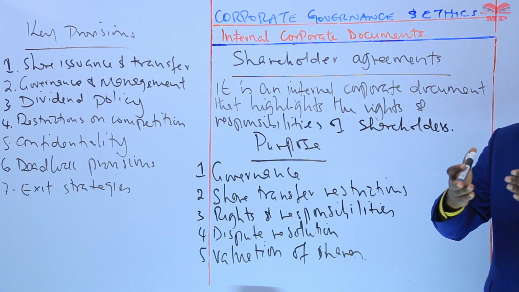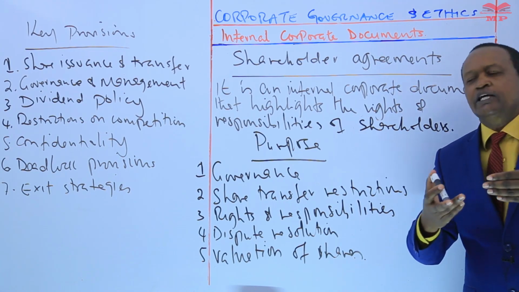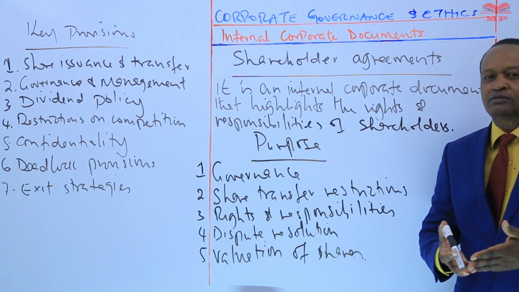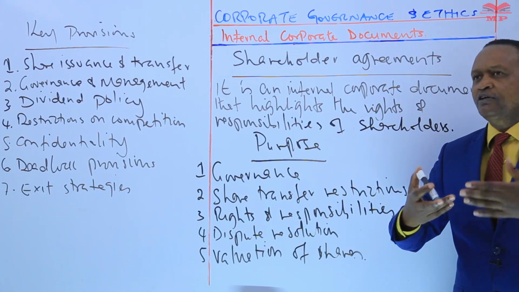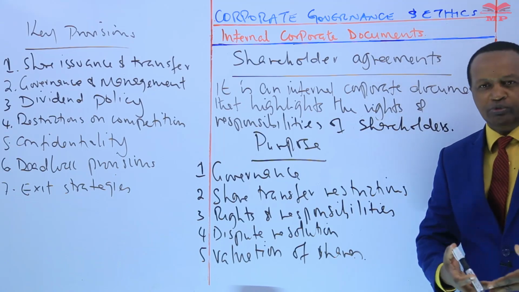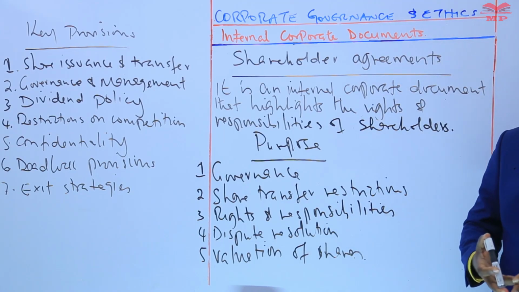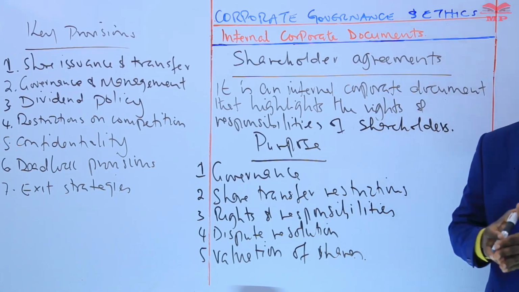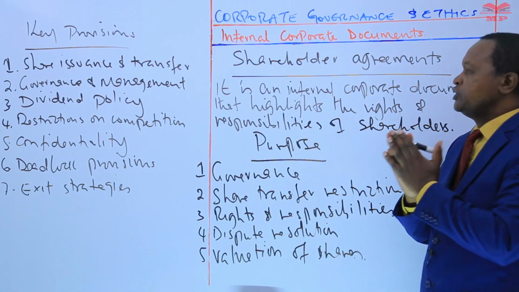These agreements can ensure smooth operation of a company, and they are particularly valuable in situations where the company's constitution does not adequately address specific needs and concerns of the shareholders.